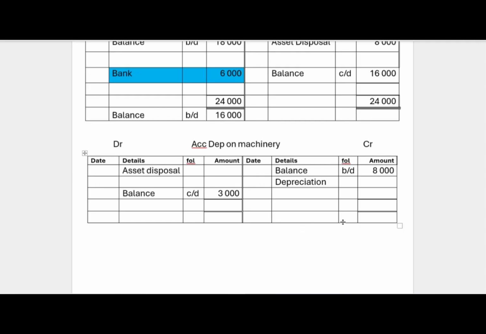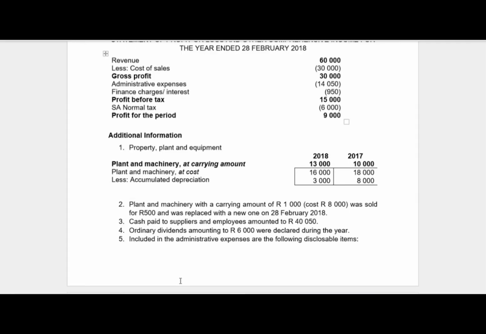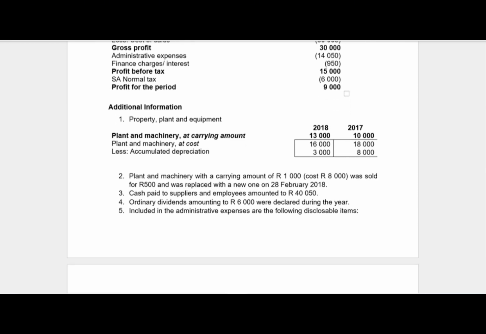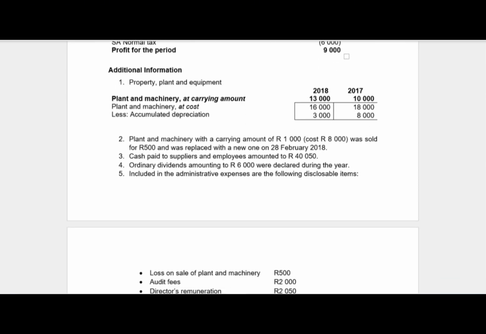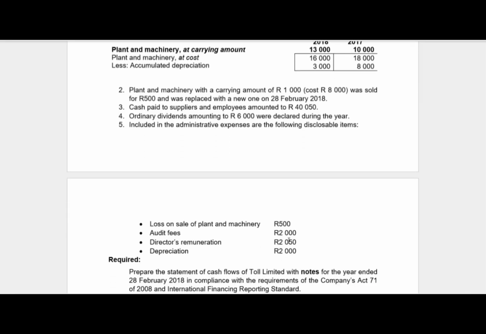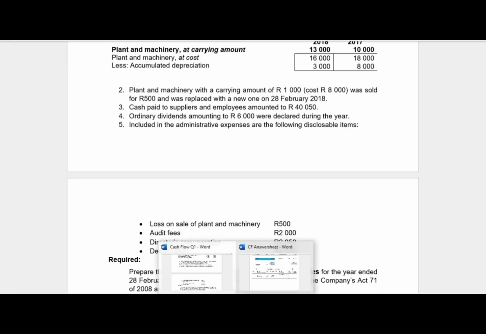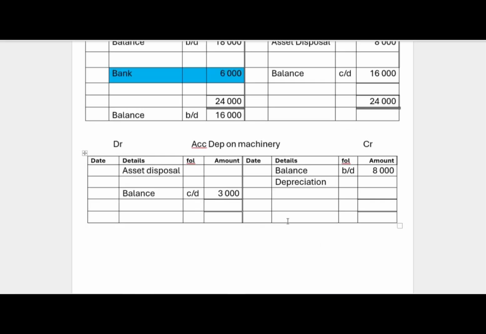So depreciation was given in the additional information. Depreciation was provided right there. Transaction number 5, depreciation, there we go. Here, right, 2,000. So you take that 2,000 and put it right there, 2,000. All right.